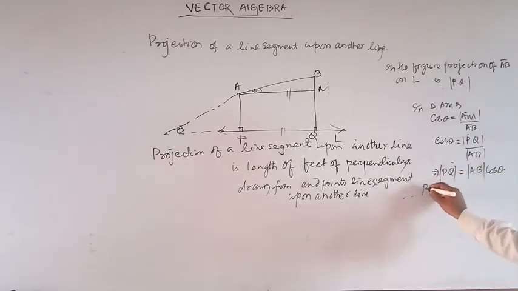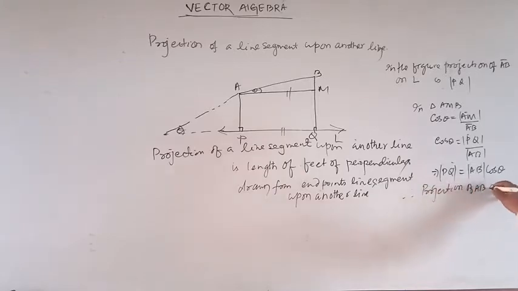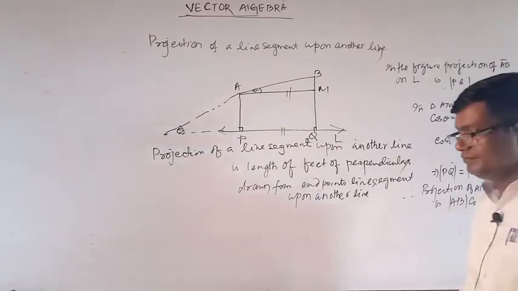Therefore the projection of AB on L is magnitude of AB into cos theta, where theta is the angle between the line and AB.